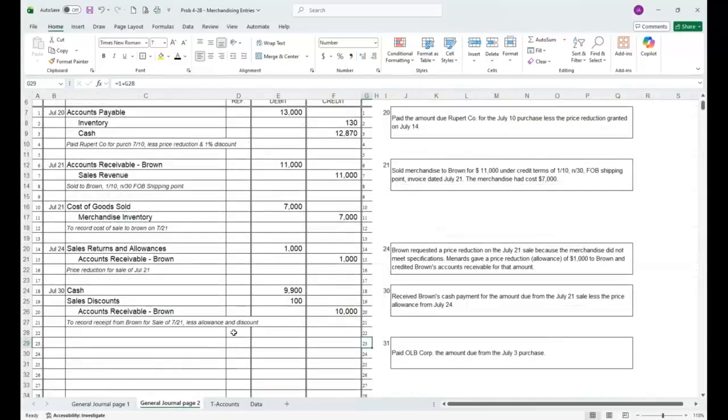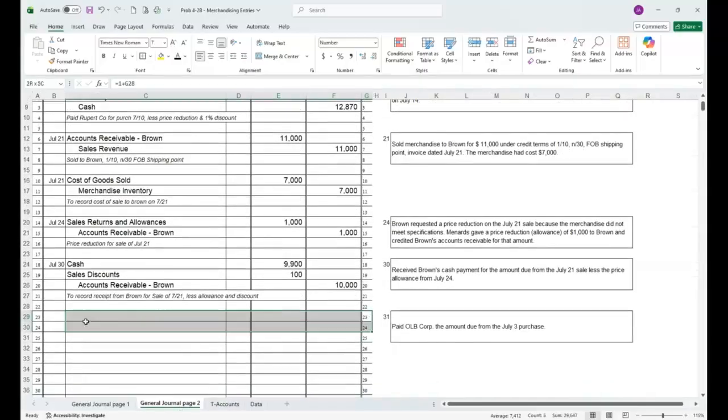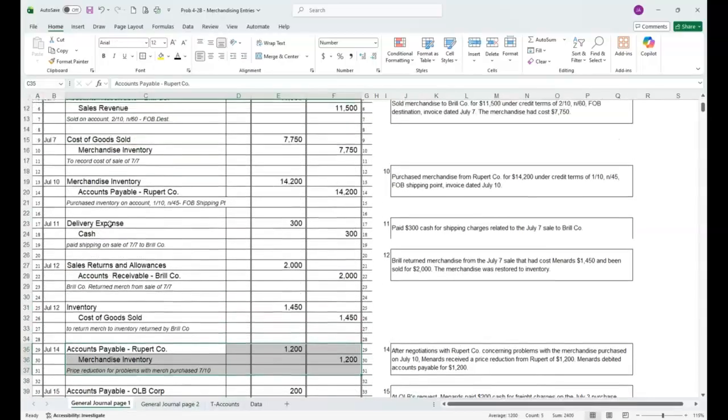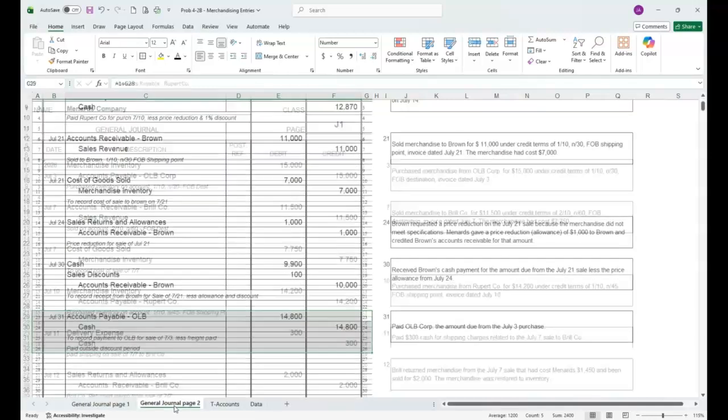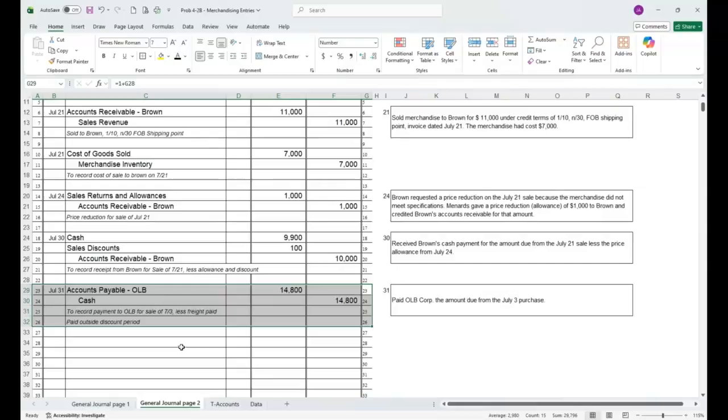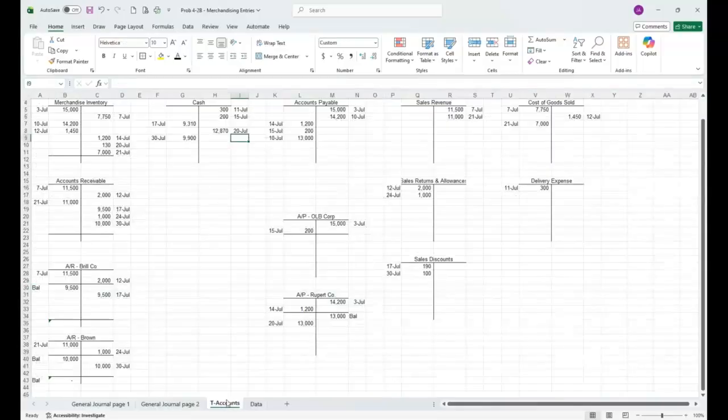All right. I think this is the last one. We're going to pay OLB for the amount due on the July 3rd purchase. And this is outside the discount period. The discount period was 1/10, n/30, and we're obviously here on the 31st, so we're paying it outside the discount period. So we're just going to see what we owe OLB, and we're going to go ahead and pay that.